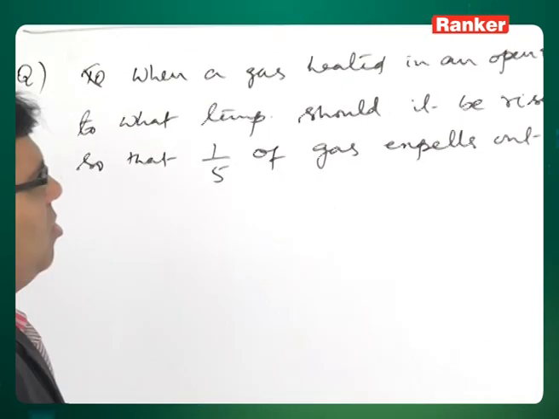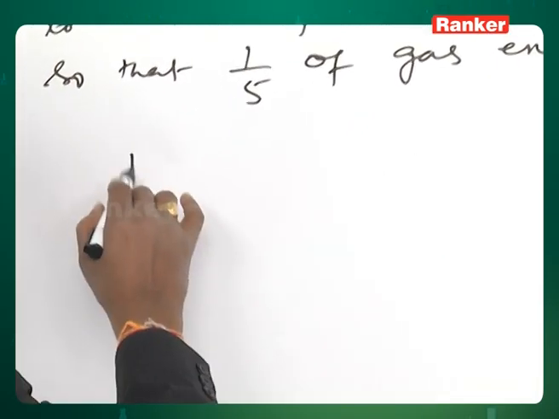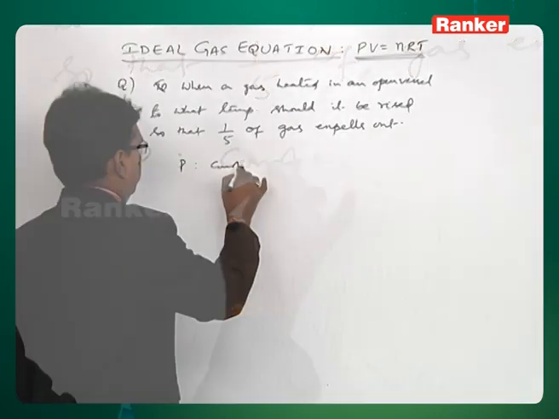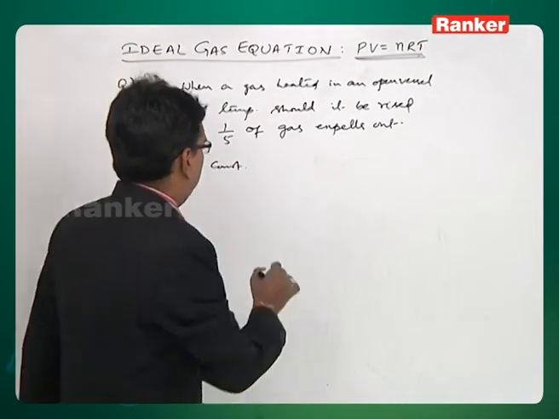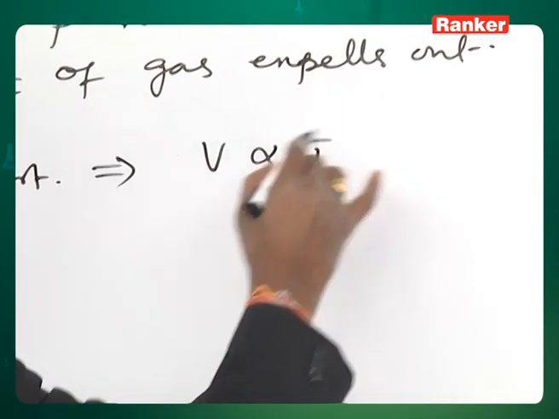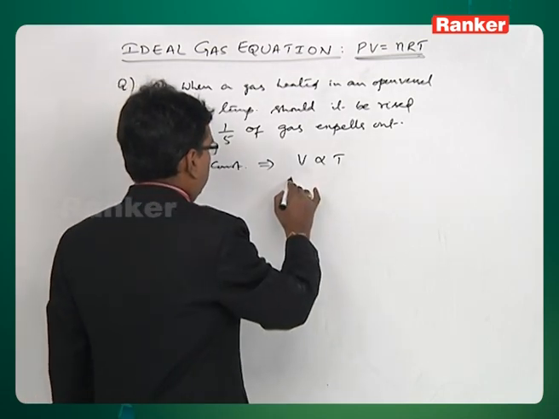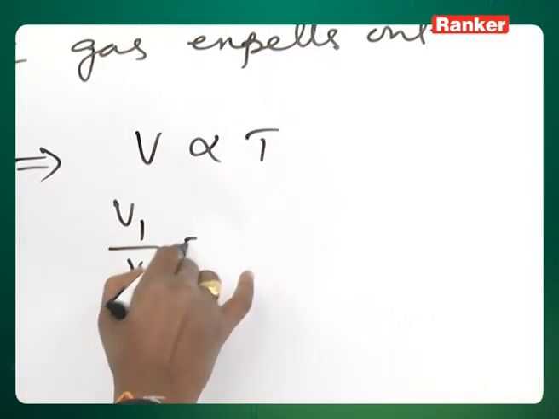So what immediately strikes our mind is that, first of all, it is an open vessel, so pressure is constant. At constant pressure, immediately what we consider is that V is proportional to T, or otherwise V1 by V2 is equal to T1 by T2.